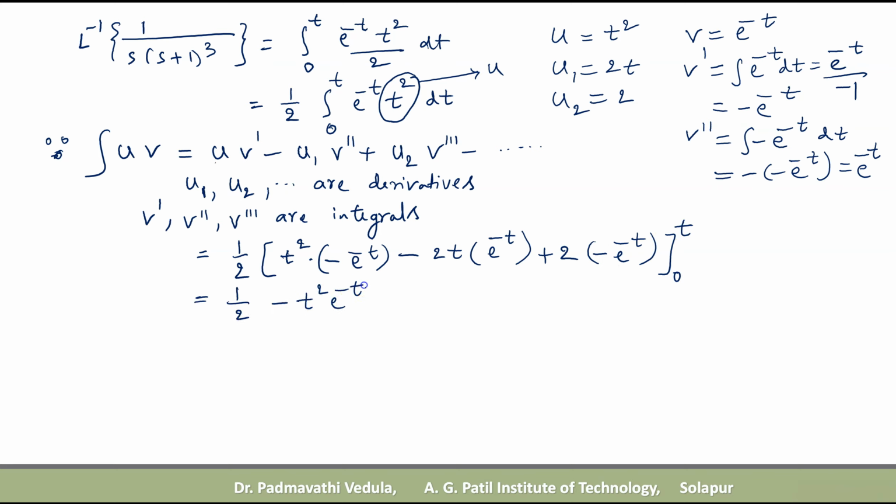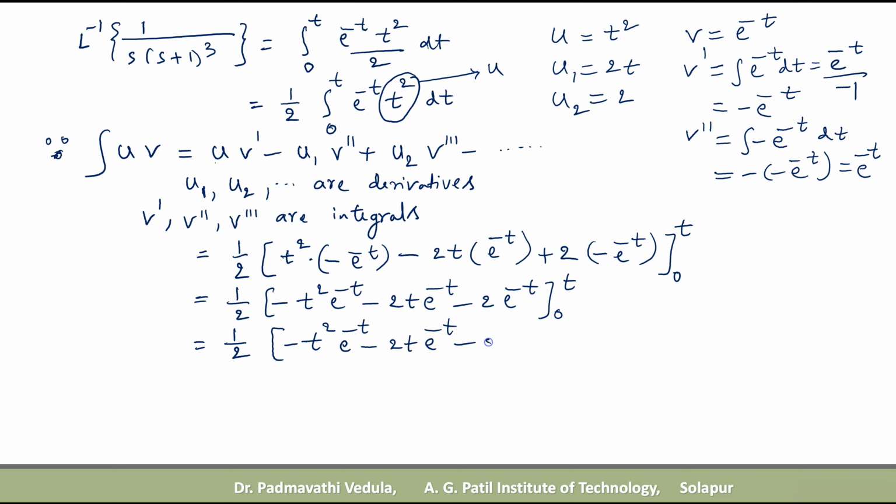t square e power minus t minus 2t e power minus t minus 2 e power minus t under the limits 0 to t. So when you put t equal to t, you get the same terms. So minus t square e power minus t minus 2t e power minus t minus 2 e power minus t. Whenever we are applying the lower limit, the signs of these terms will change.